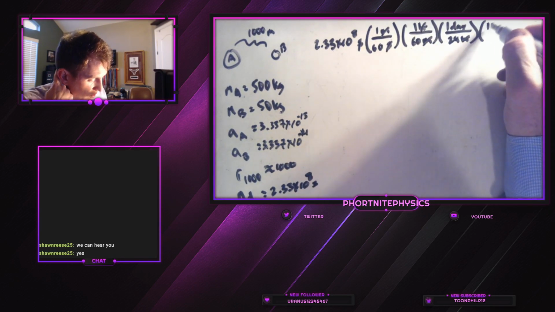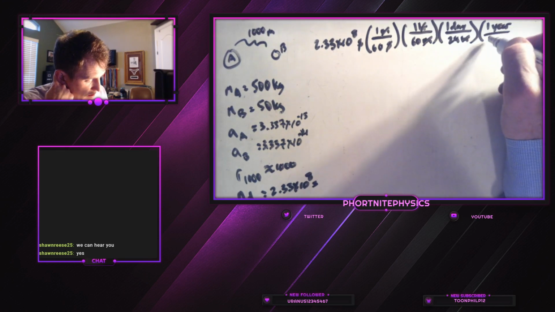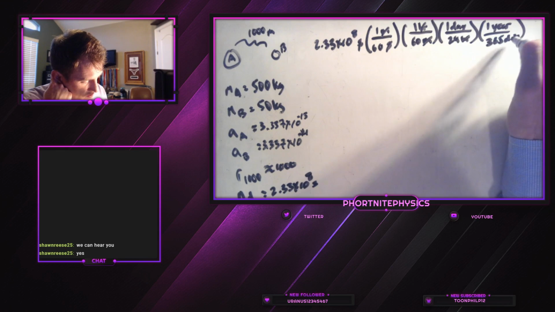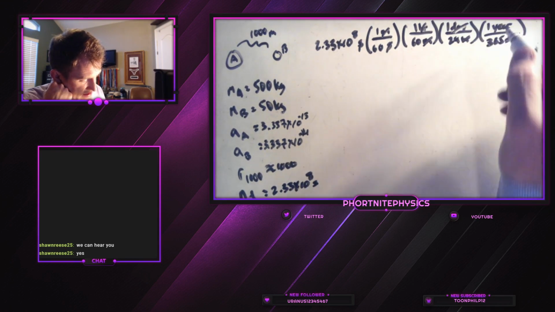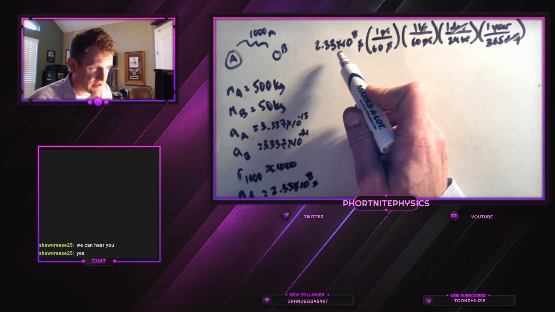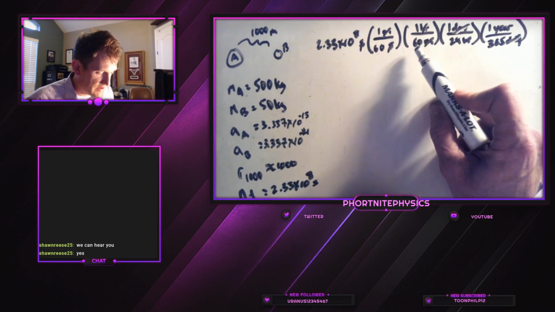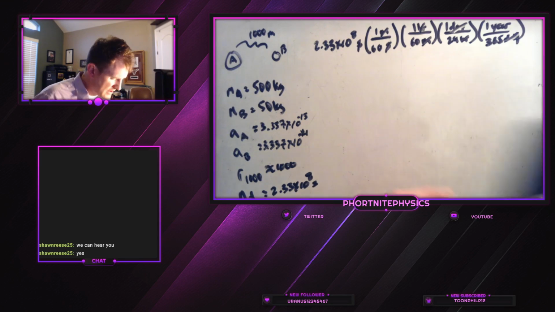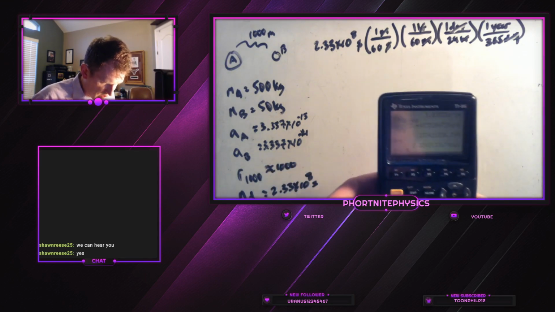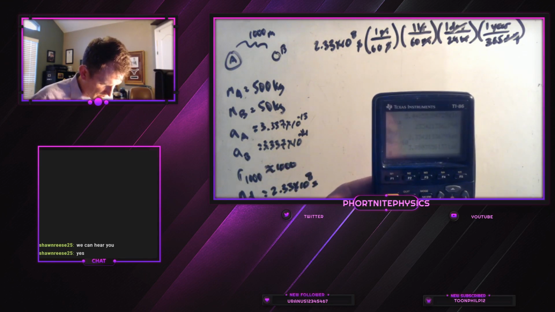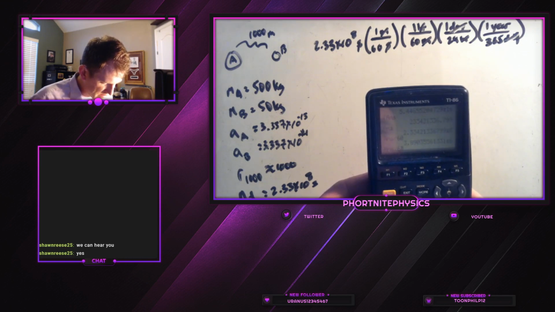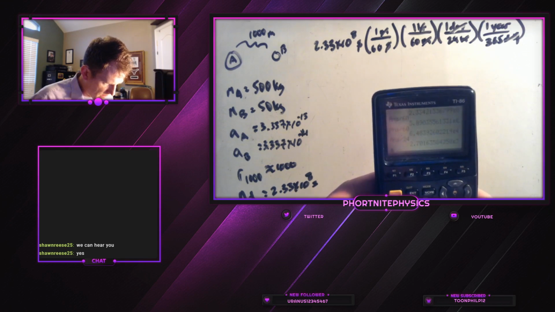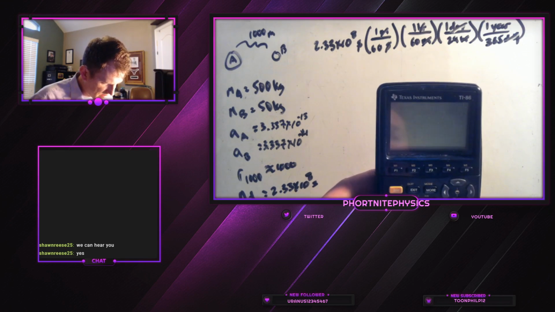And then for every year, there are 365 days. So that cancels out those days, and we end up with years. So we need to take this number, divide it by 60, divided by 60, divided by 24, and then divided by 365.